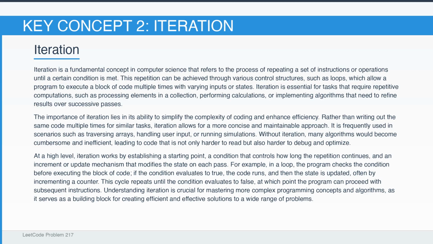A condition determines how long the repetition continues, and an update mechanism modifies the state, often incrementing a counter. The loop checks the condition, executes the code if true, updates the state, and repeats this process until the condition is false. Mastering iteration is vital as it lays the groundwork for more advanced programming concepts and algorithms, enabling us to tackle a wide array of problems effectively.